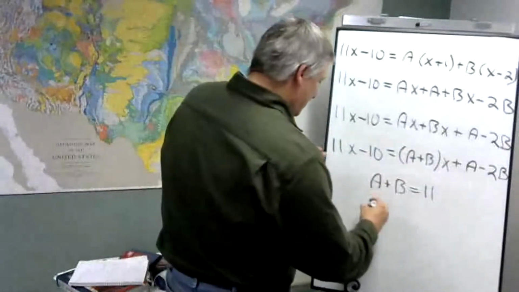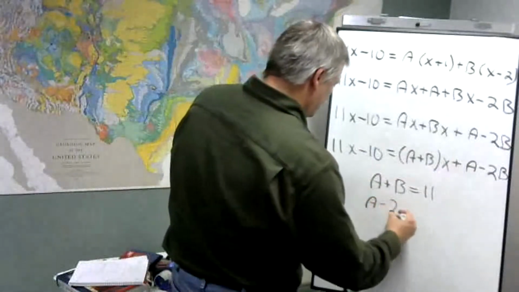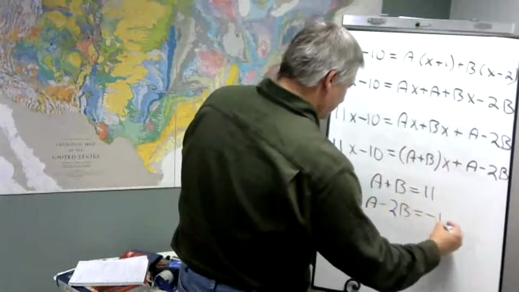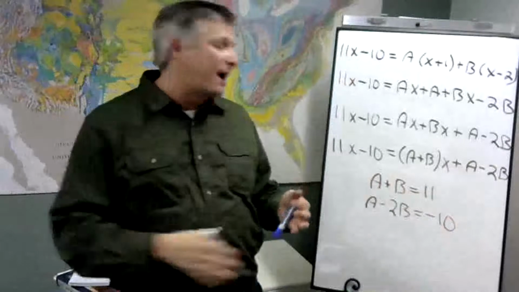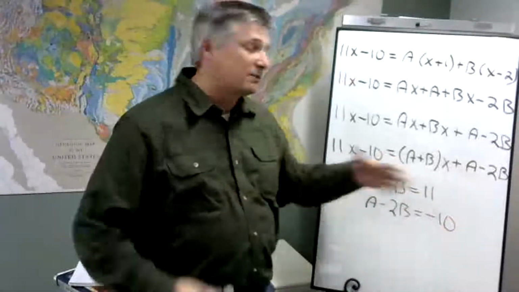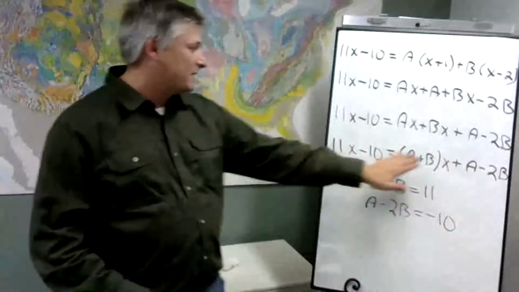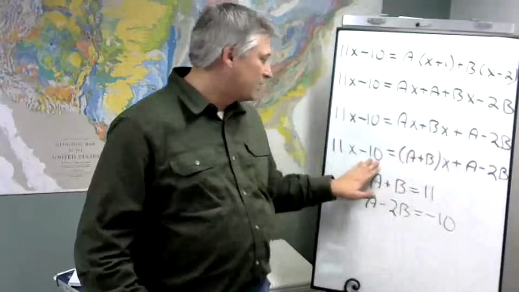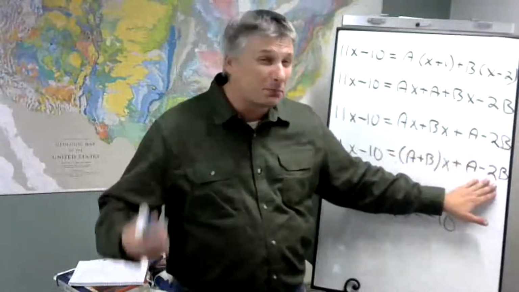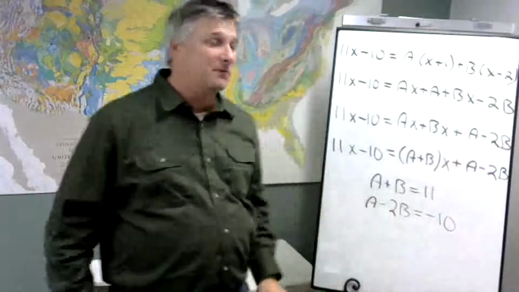So that means these constant terms, they've got to be negative 10. And this all comes from the fact that these two sides are equal. So the x terms need to be the same, and the constants, well, this constant and this constant expression, those need to be the same.